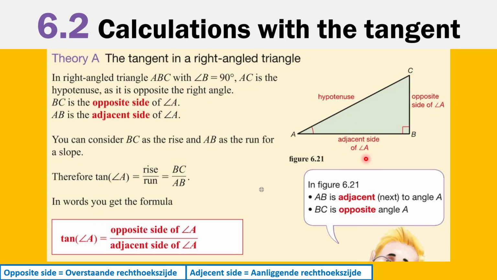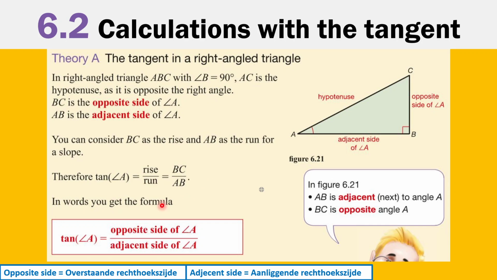And adjacent in Dutch means de aanliggende rechthoekzijde. And be careful, because you can say, well, the hypotenuse is also adjacent to angle A because it touches it, right? Yeah, but there's only one hypotenuse in a triangle that is right angled, and that is AC in this case. And the other one in this case is called the adjacent side.